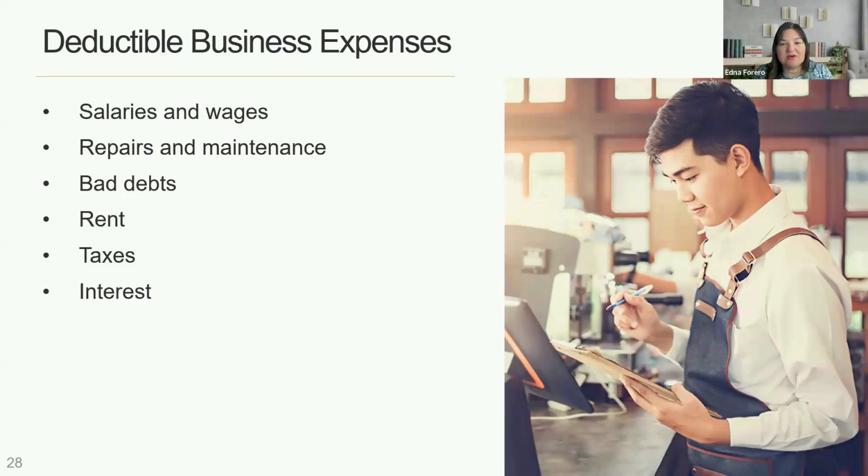Are they ordinary and necessary in order to continue that business, right? That it's common and accepted in the industry, and that it's a necessary expense to help get that business up and running. So we may have rent. We may have to rent the place that we have our business at. We've got storage rent. We might have rent on equipment. And then we've also got to pay taxes, right?